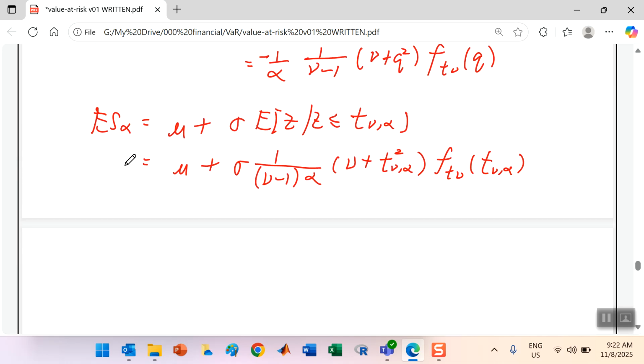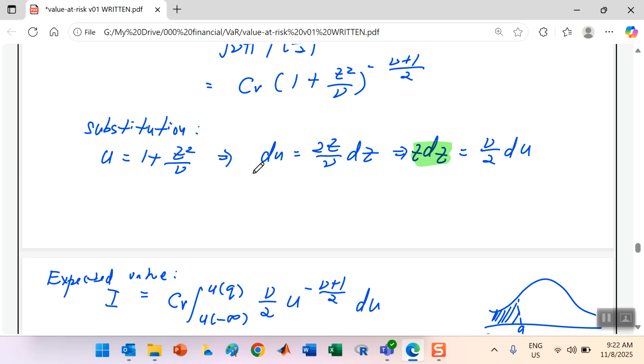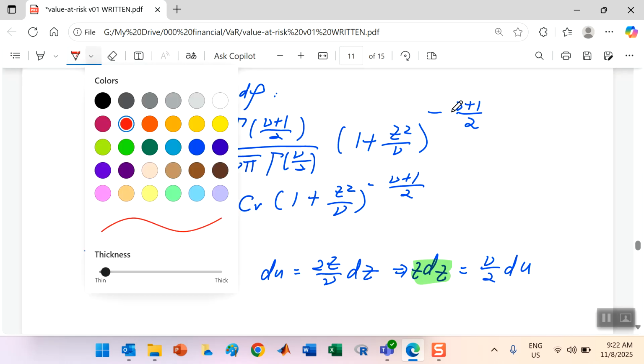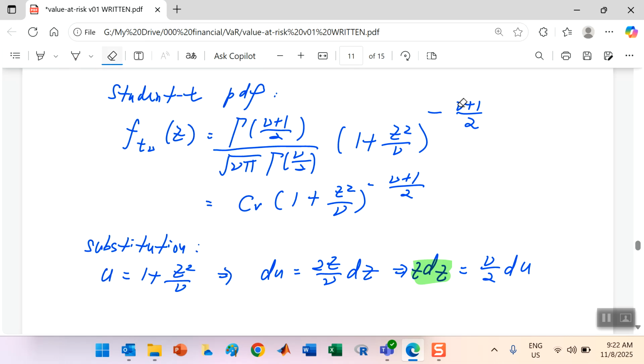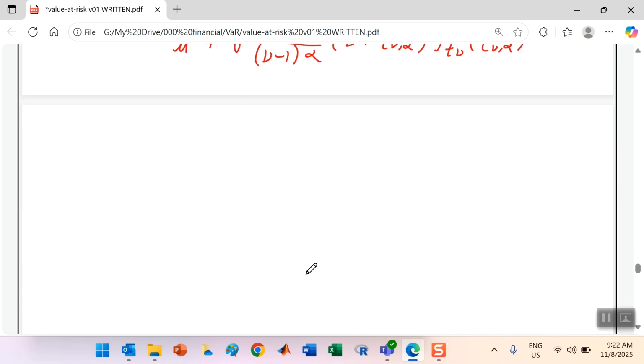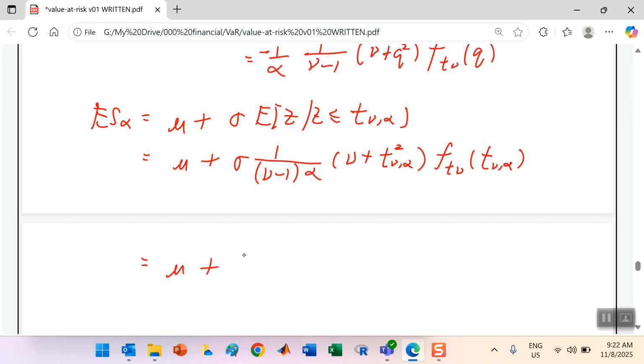So at the end, if you want to rewrite everything back, the FT is actually the CV, or the original equation is this basically. So we just expand everything again. This is the mu. We bring this back to the equation below here. Then finally we were able to get mu plus sigma. So this is mu plus T over the mu minus 1 alpha.